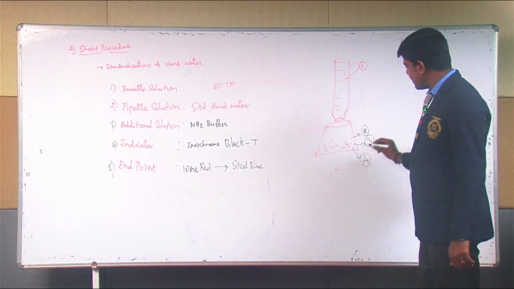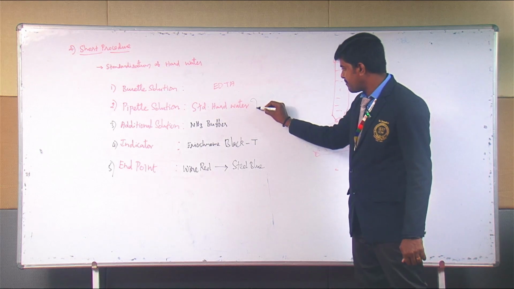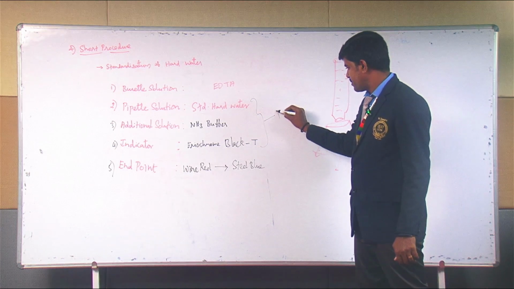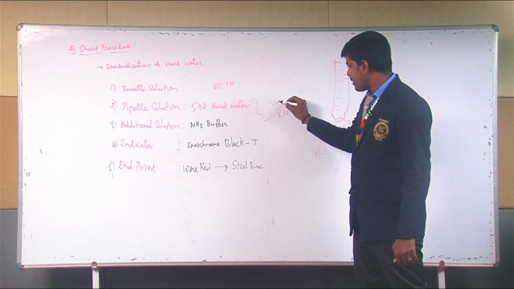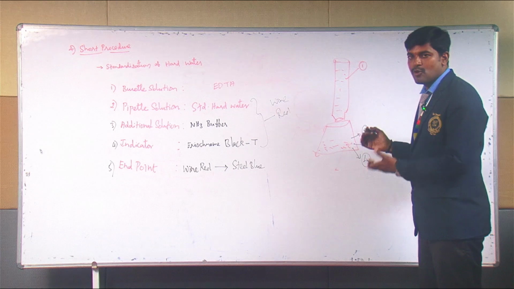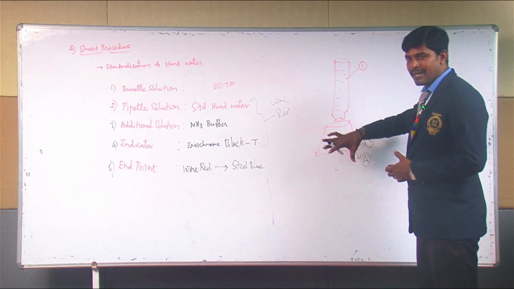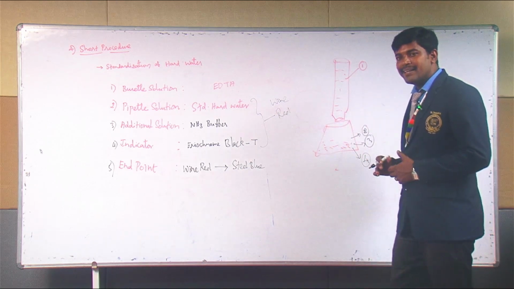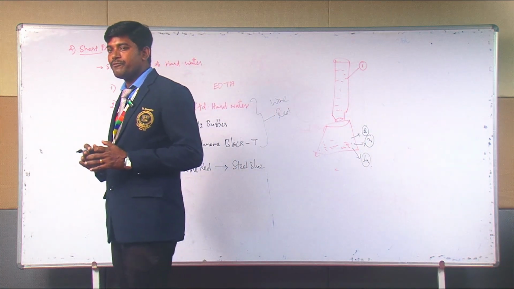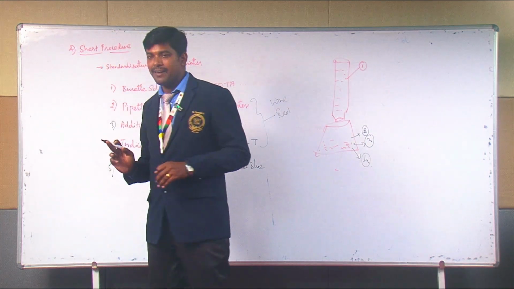After adding these three things, it becomes wine red. After this complex formation, the complex is titrated against the EDTA taken in the burette. This is the method for standardization.